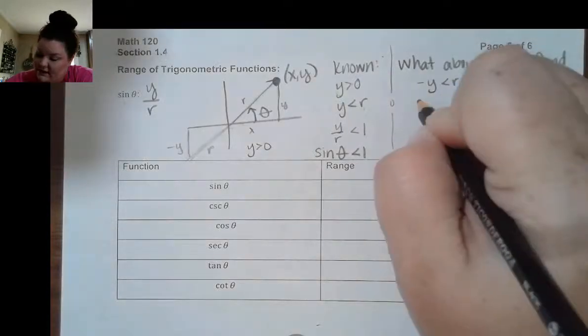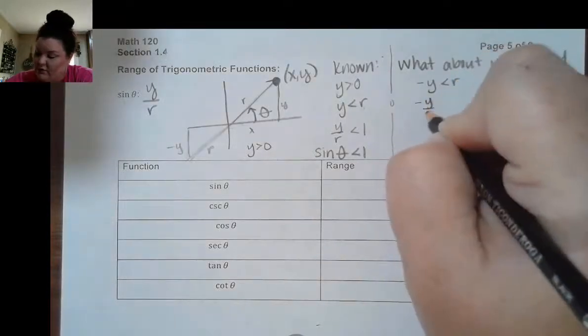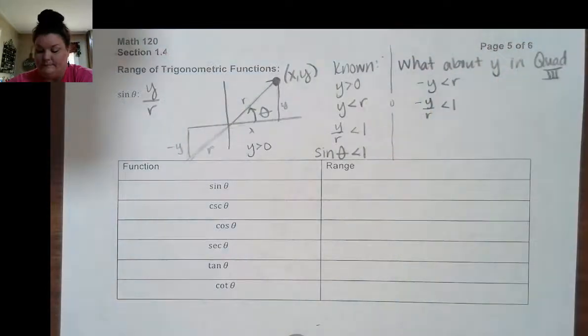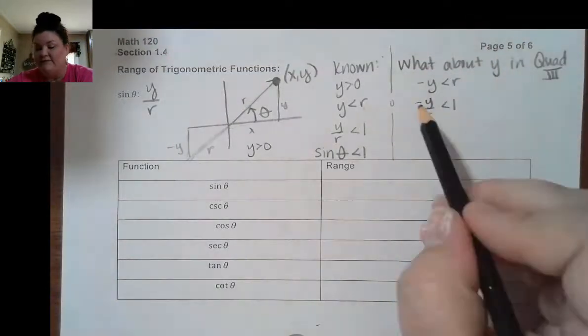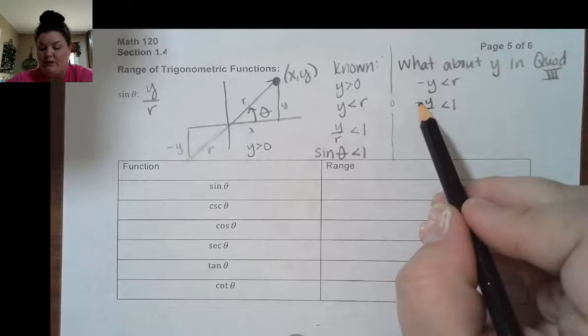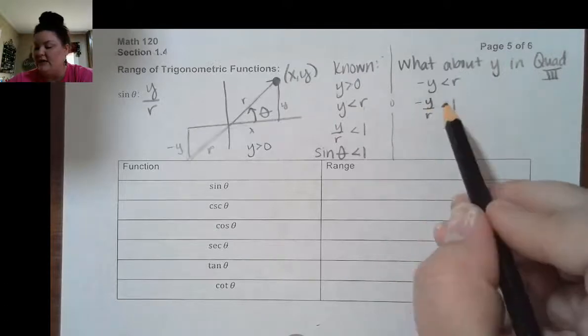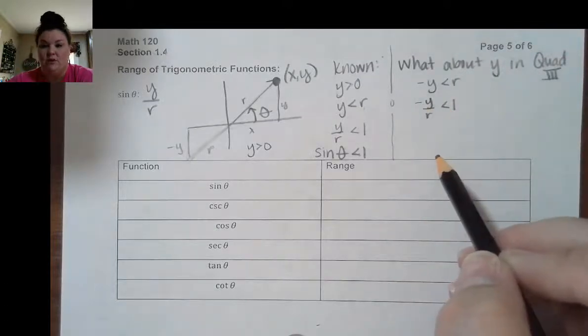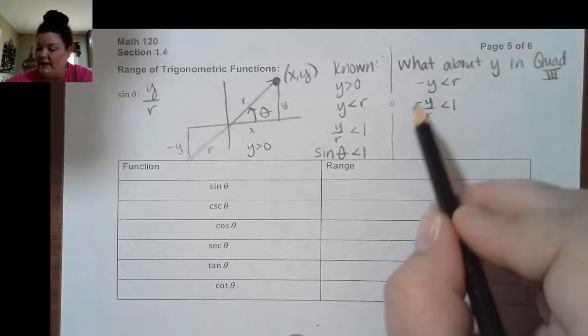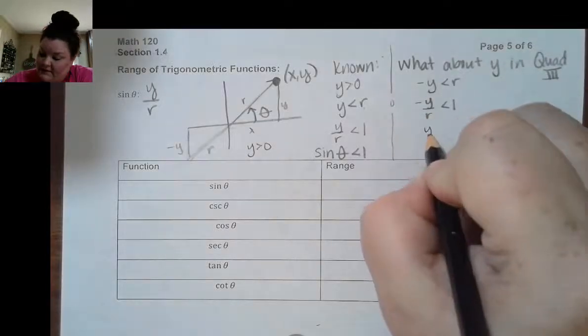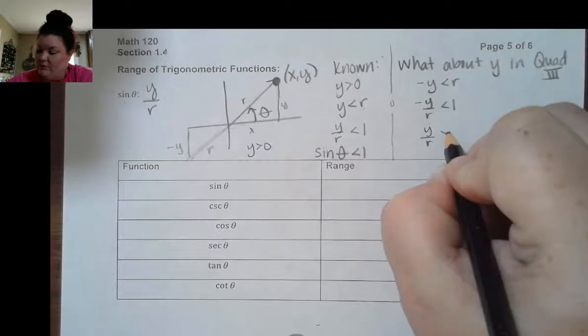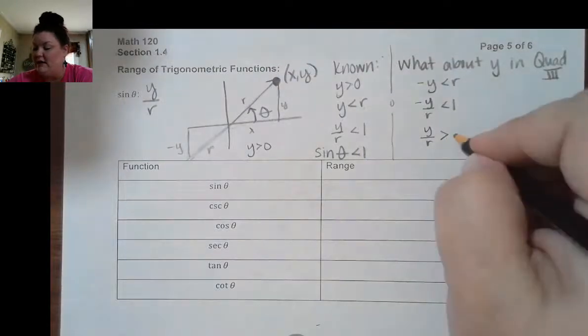So that gives me negative y over r is less than 1. And then I could divide off this negative. Now remember, when you divide by a negative and you're dealing with inequalities, that flips the symbol. So I would get a positive y over r, and that would flip the symbol and make it greater than negative 1.